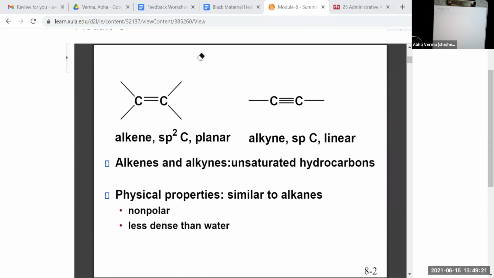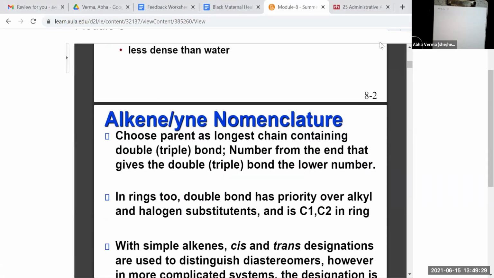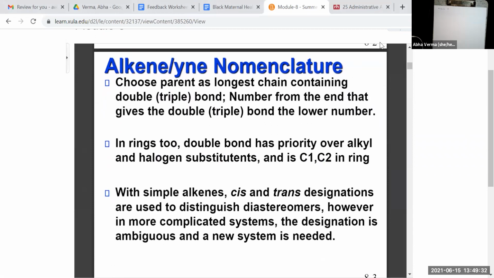Remember, oil is usually less dense than water. Oil always floats on water. There are very few organic compounds that we will encounter where the water floats over organic materials.